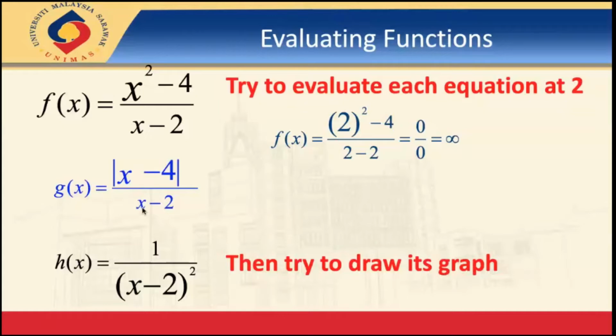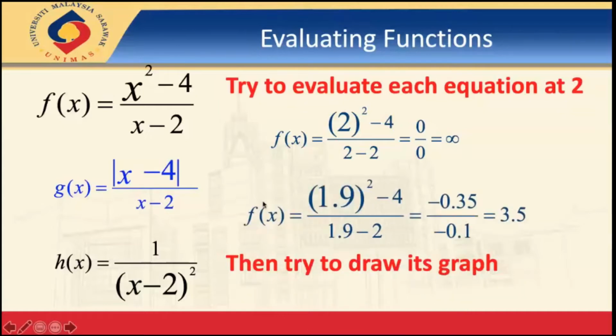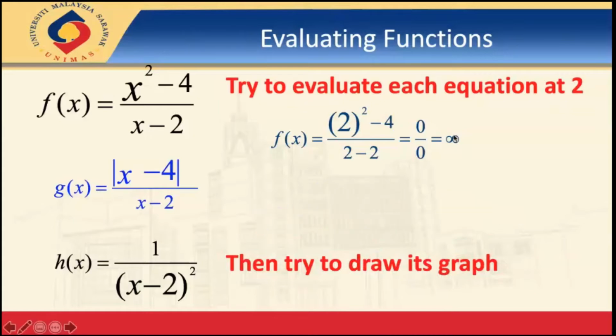So if the functions are like this, we cannot find a final value, meaning the final value becomes infinity if we replace each x by 2. Then at 2 it becomes infinity.